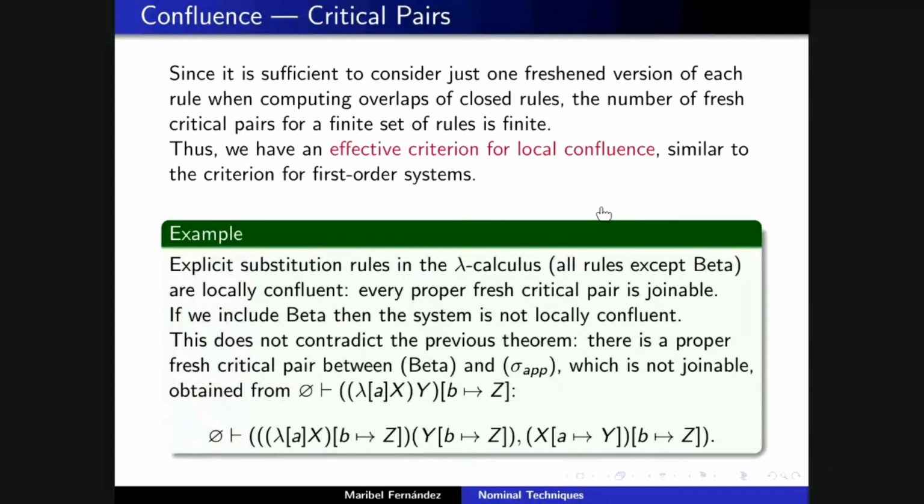If we only are interested in confluence on the lambda calculus terms, which are the ground terms in our system, then it's easier, okay? But when I say here confluence of the system, I mean confluence for the whole set of terms. So the beta rule plus the explicit substitution rules that I gave is not confluent over the whole set of terms with variables, but again, sometimes in systems with explicit substitutions, this is called meta-confluence property.